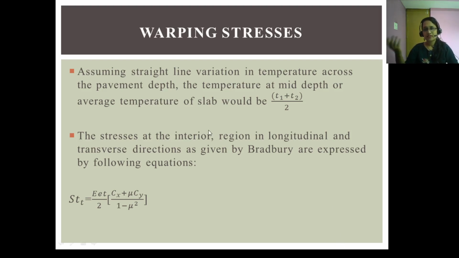The stresses at the interior region in the longitudinal and transverse direction are given by Bradbury by this equation: St equals E e t upon 2, times (Cx plus nu Cy) upon (1 minus nu square), where St is the warping stress at the interior, E is the modulus of elasticity of the concrete, small e is the thermal coefficient of the concrete, t is the temperature difference between the top and the bottom of the slab, Cx is the coefficient based on Lx upon L in the desired direction, Cy is the coefficient based on Ly upon L in the direction at right angle to it, and nu is the Poisson's ratio. You can see this given in the slide.